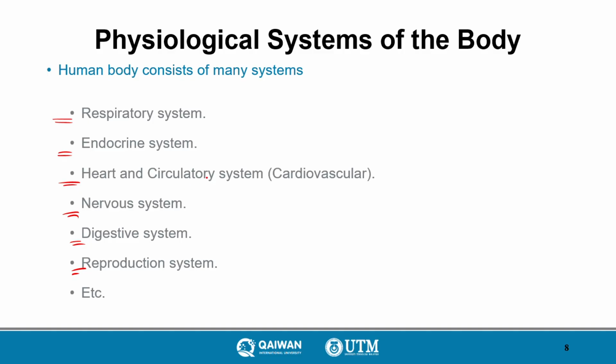For example, in the heart and circulatory system, we record mainly the ECG signal, which is a type of biomedical signal that will be measured in order to have information about a specific condition.